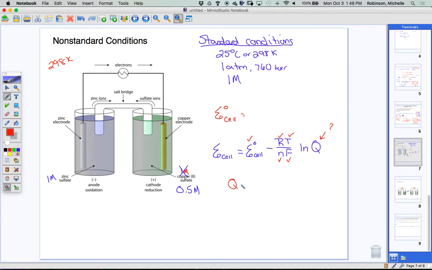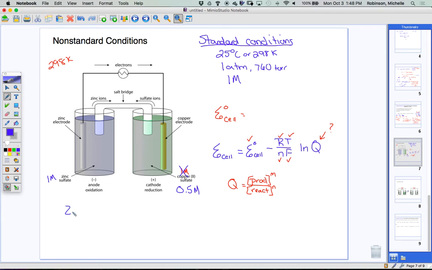Q is basically the same thing as K, except it's not at the end of the reaction. It's at the beginning of the reaction. So it's still products over reactants, and they're raised to the power of their coefficient. This one probably balances and doesn't have coefficients.